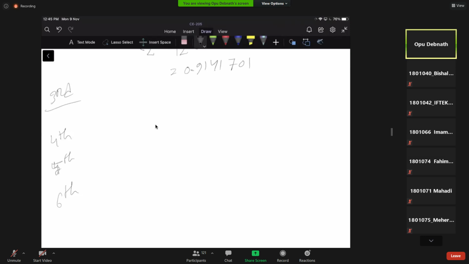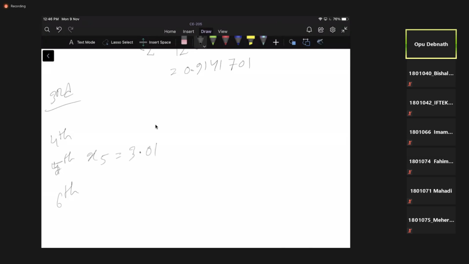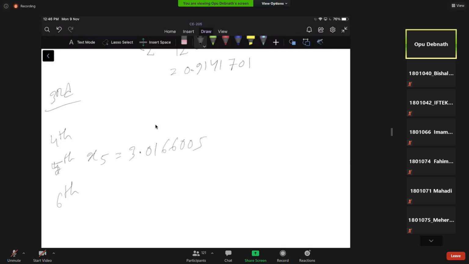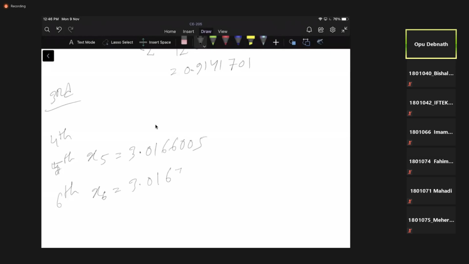So after the fifth or sixth approximation, suppose I just write one value, the fifth approximation, x5 is equal to 3.0166005. In the sixth approximation, x6 becomes 3.0166767.